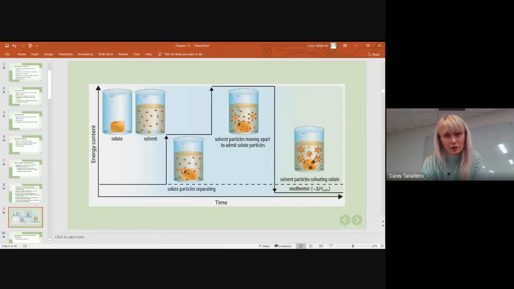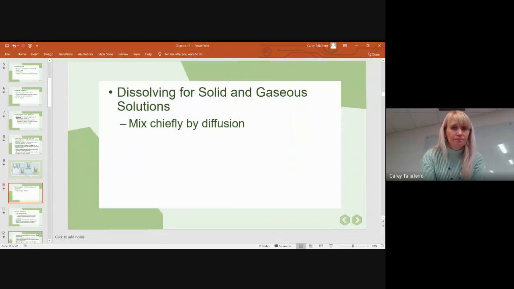That requires energy. And then it's going to give off energy as that solution starts being dissolved more. We're not going to worry too much about that process during this chapter. We'll deal more with the thermodynamics, which is what that's about, in the next coming chapters.